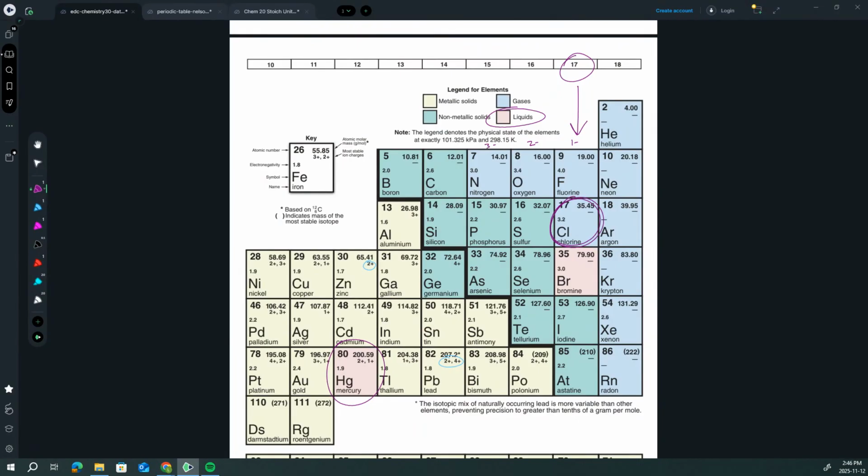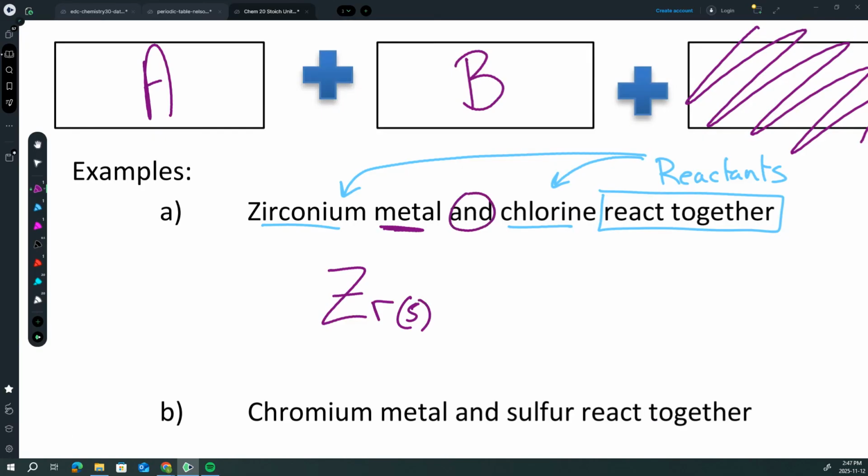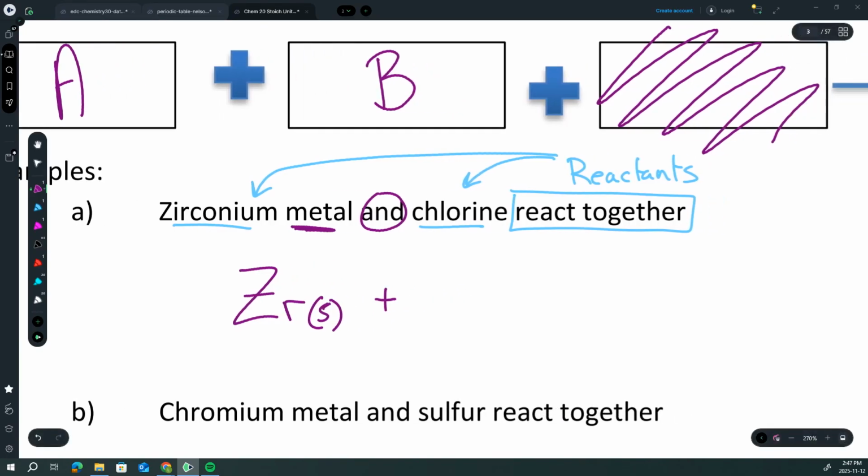So just be careful about that. Not all metals are going to be solid at room temperature.